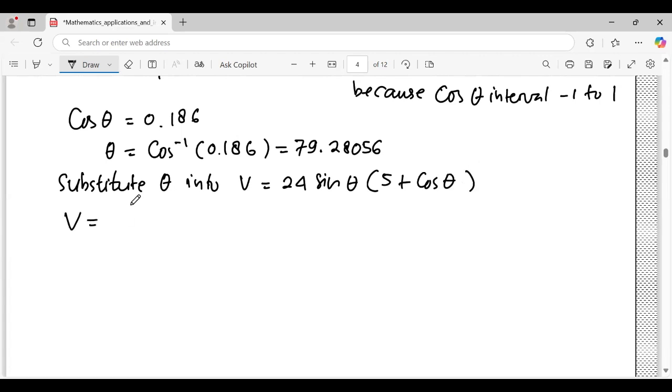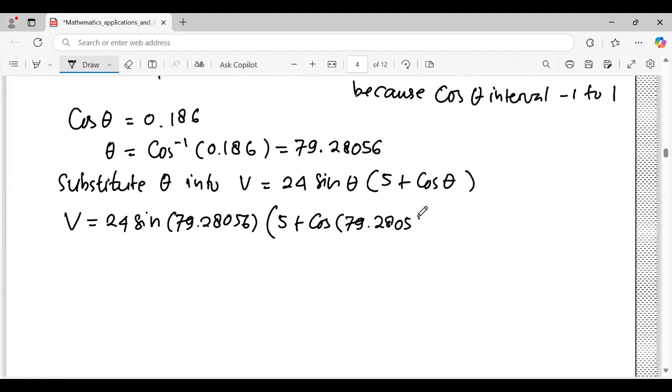So the volume becomes 24 sine 79.28056 times (5 plus cosine 79.28056).